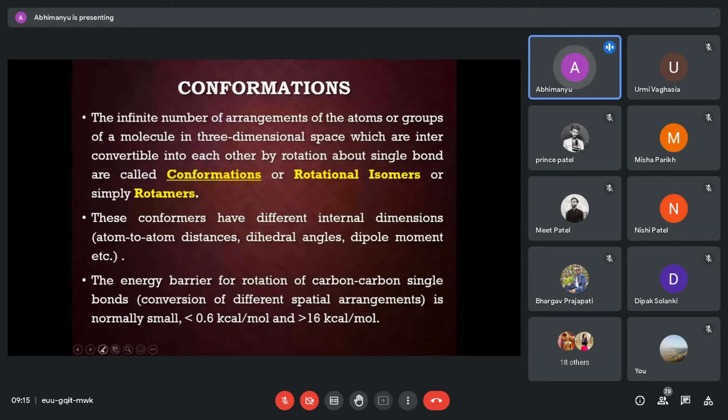The infinite number of arrangements of the atoms or groups of a molecule in three-dimensional space, which are interconvertible into each other by rotation about single bonds, are called conformers or conformations, or rotational isomers or rotamers.